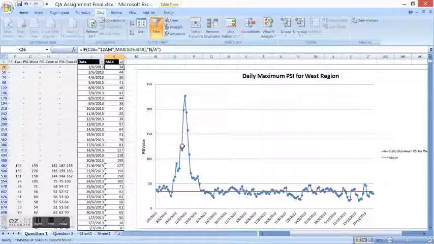On 15 June, the PSI shoots up drastically, fluctuates aggressively, and reaches its highest point on the 21st of June with 57 PSI. It then drastically dropped back, and as you can see, the red line depicts the mean. After that, the daily maximum varies around the mean, which I think is quite consistent.